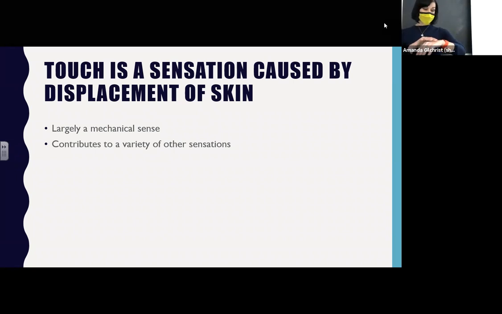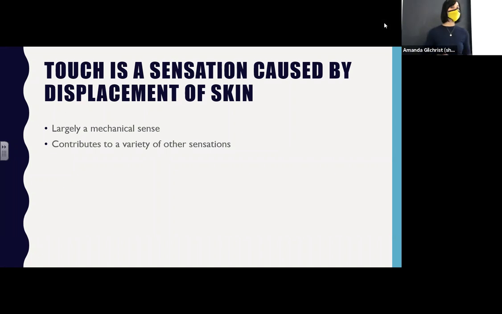What you should notice is that you do see a little bit of skin displacement. Now, the skin on my hands is very thin, like my hands look very elderly in comparison to the rest of me. So I can see that skin displace very easily.